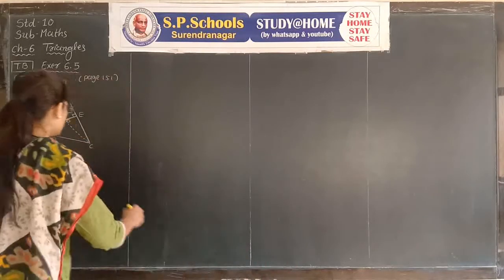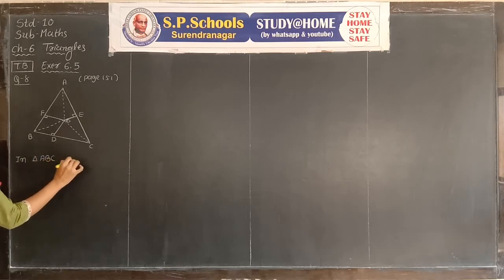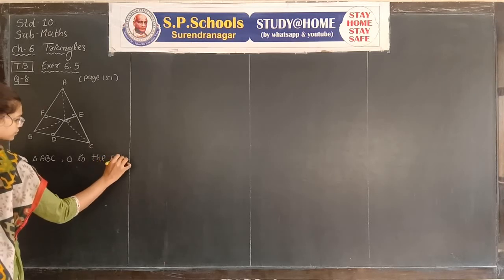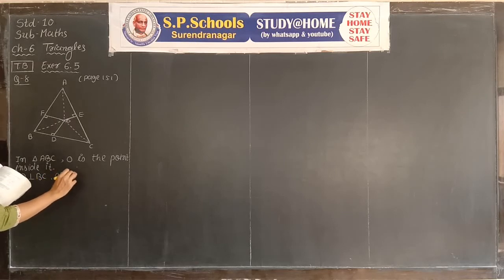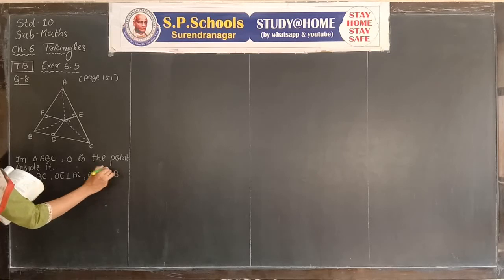First of all, write the given things. In triangle ABC, O is a point inside it. OD is perpendicular to BC, OE is perpendicular to AC and OF is perpendicular to AB.